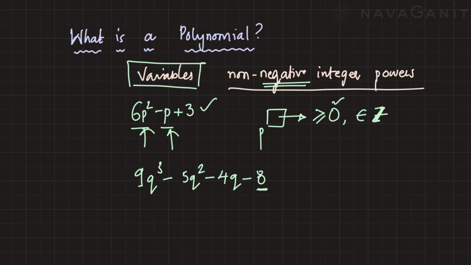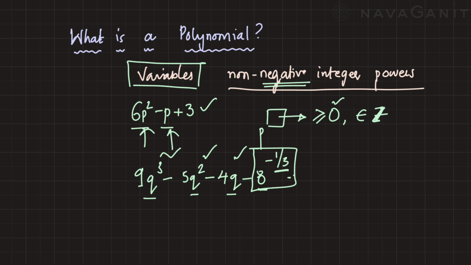So even if the constant has, say, power which is minus 1 by 3, which is a negative power and it is not an integer, even this is okay for a polynomial because we are not bothered about the constant part. We are bothered only about the variable parts. So q cubed, this is q squared and q. So this is a polynomial because all the powers are non-negative integers.